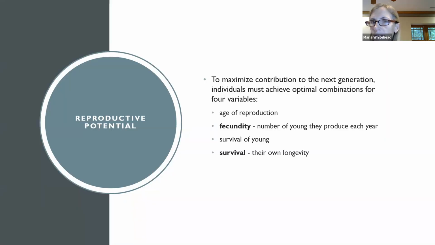It's good to get our heads around this idea of reproductive potential within a population. So the reproductive potential or the contribution to the next generation, the maximum number of young that a population can produce under ideal conditions during a particular time.